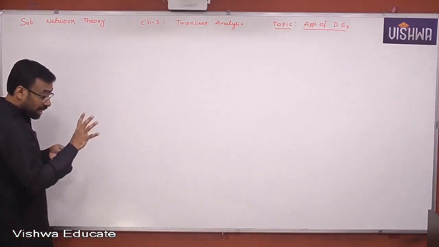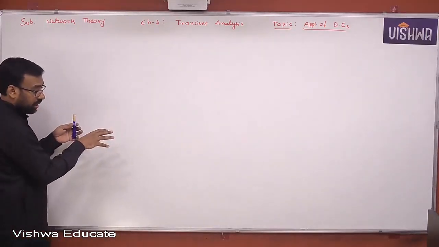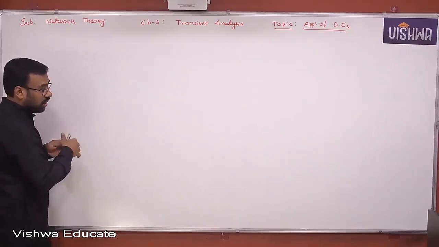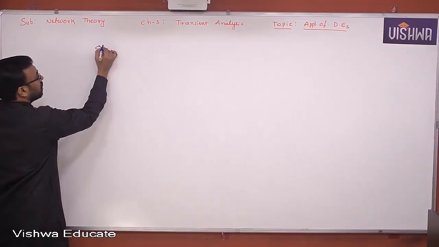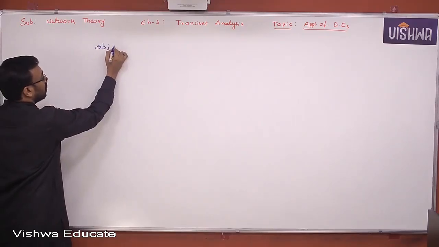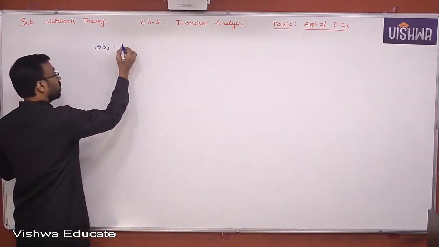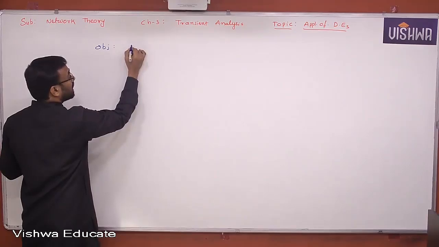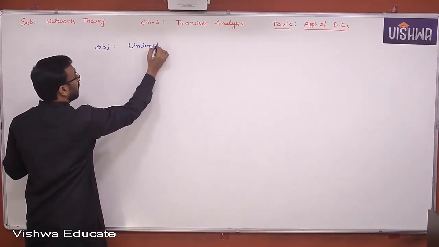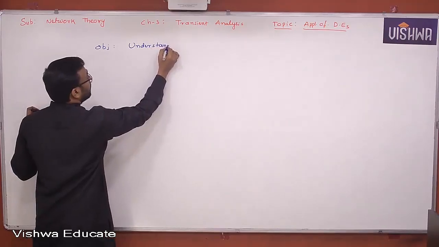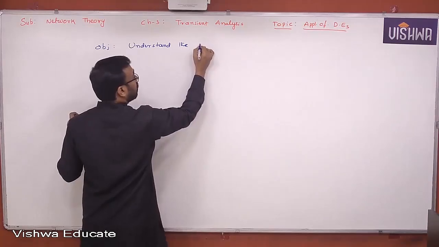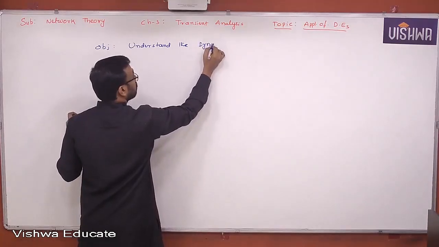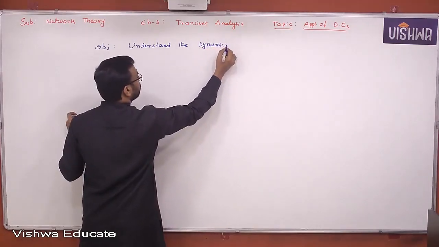See, I told you once again, just let me recollect the objective of the transient analysis. What is the objective of transient analysis? The objective is to understand the dynamics of the system.